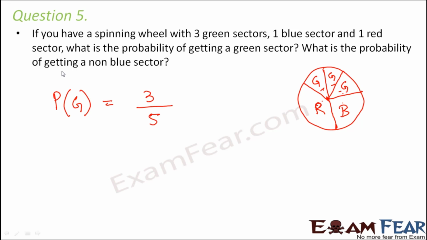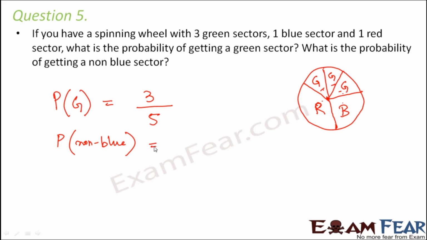Now what is the probability of getting a non-blue sector? There are different ways of doing it. One option is to find the probability of a non-blue sector directly.